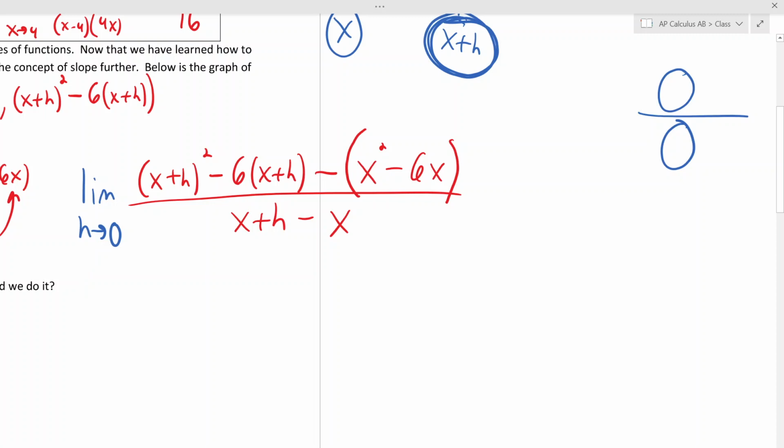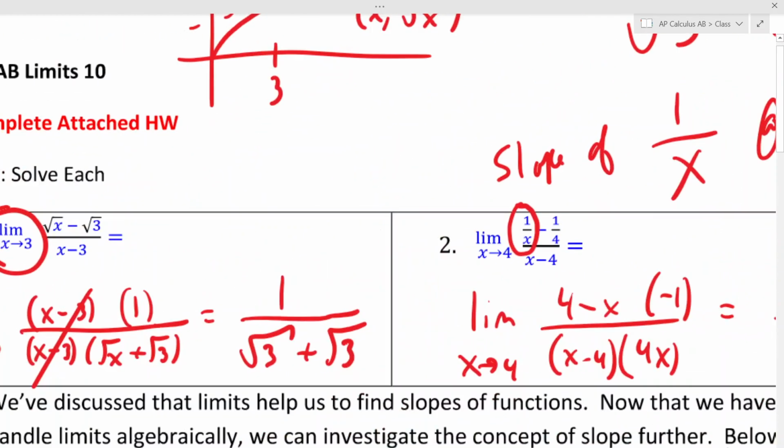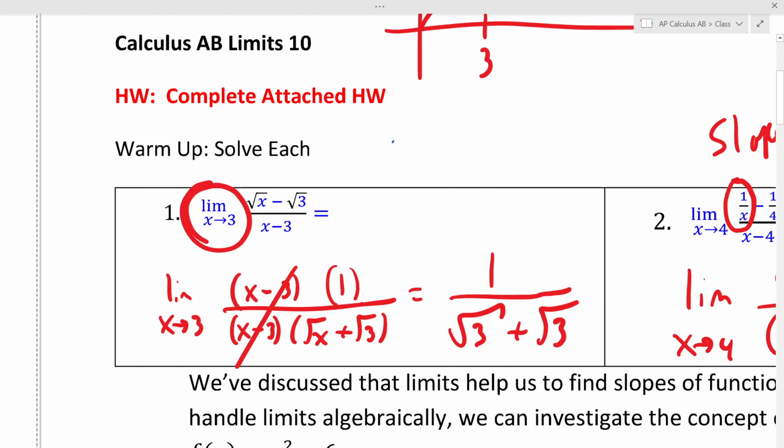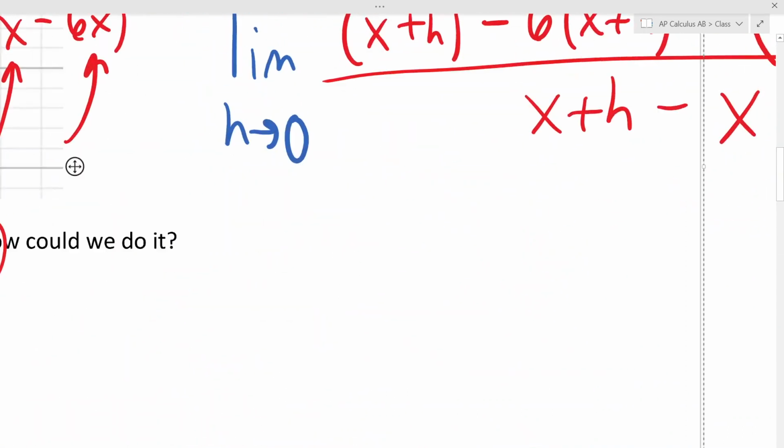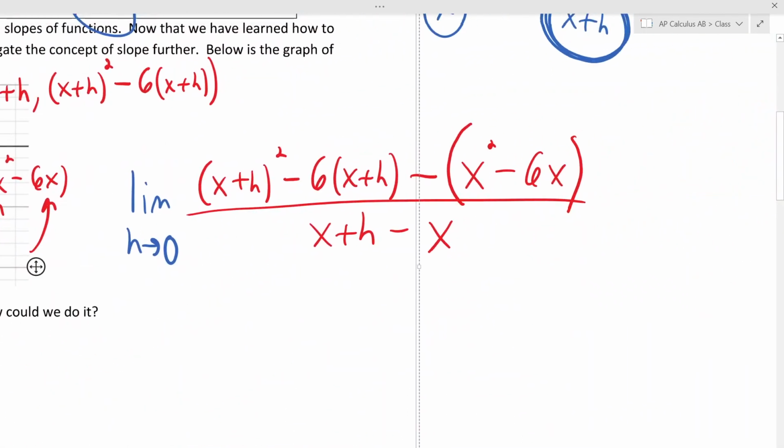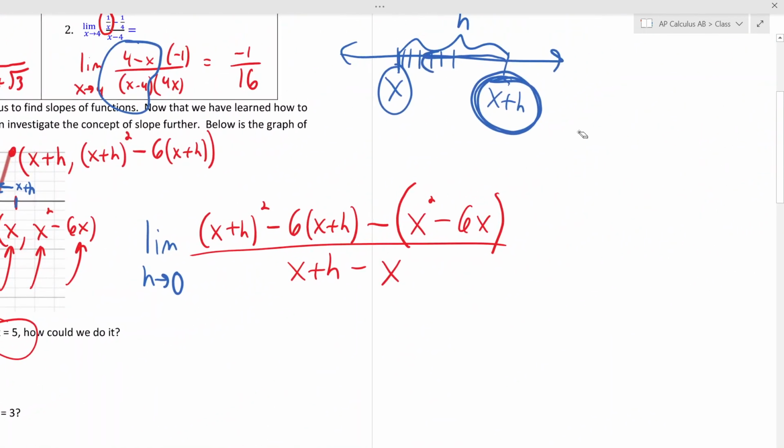Remember we said that? Like, remember up here? Look up here. Boom. Remember we did this question? When you plug in 3, you got 0 over 0. That means x minus 3's had to cancel. When you plugged in 4, you got 0 over 0. That means the x minus 4's had to cancel. So when I plug 0 in for h, and I get 0 over 0, what has to cancel?